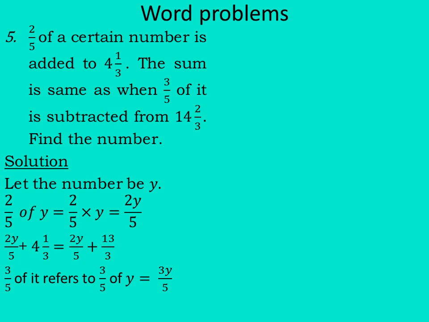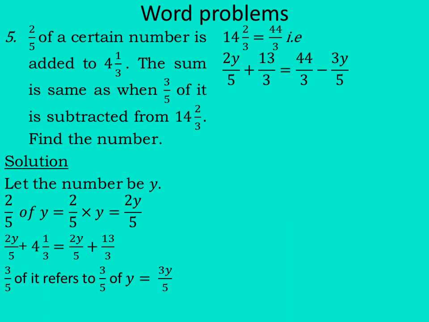So we have 3/5 of it refers to 3/5 of y, and this will be equal to 3y/5. And also 14 whole number 2/3, when we change it to an improper fraction, we are going to have 44/3.